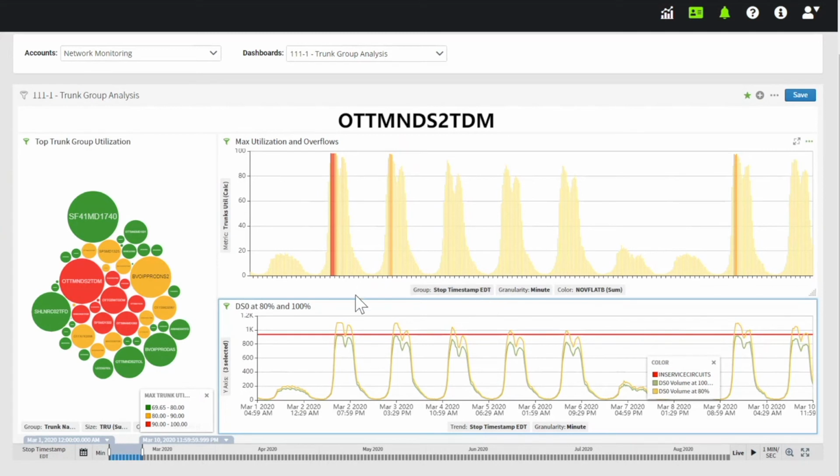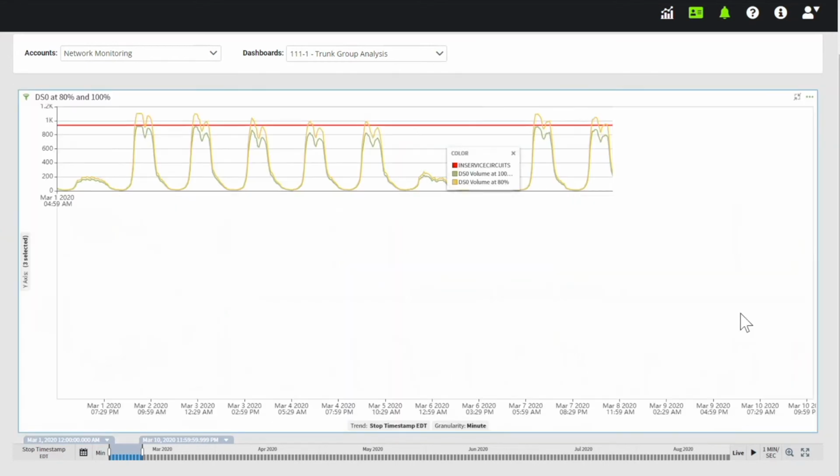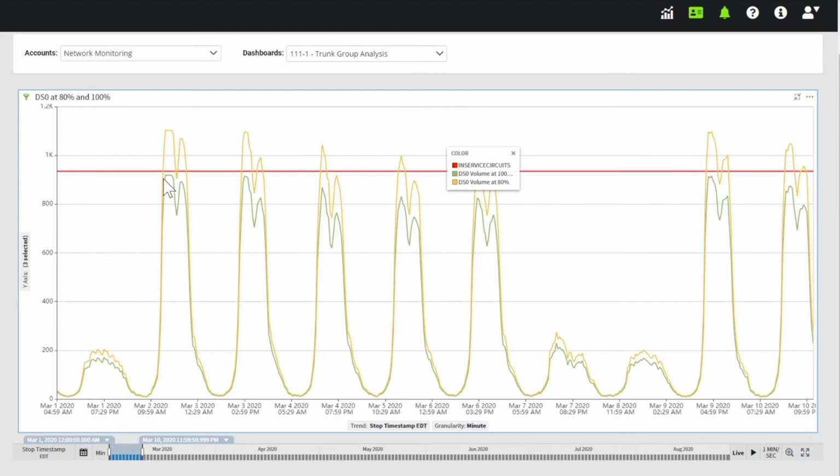If you want to run that trunk group at 100% utilization over time, you would follow the green graph. Green line gives you the view over time of the point that the trunk group would be run at 100% utilization. Okay. If you want to run the trunk group at an 80% utilization, then you would run to the peak of the yellow graph.